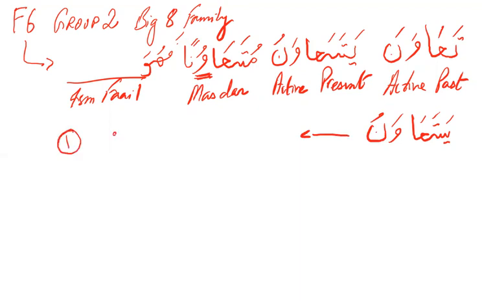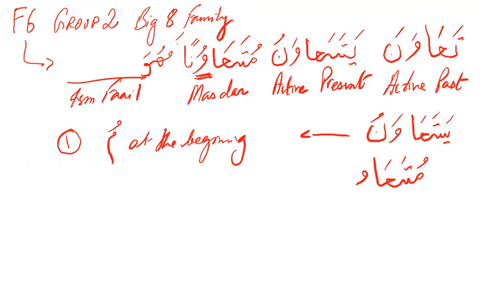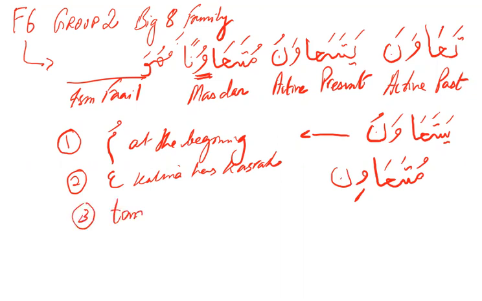A mu. Yes, mu at the beginning. Excellent. The ain kalma would have the kasra. And a dhamma and tanween at the end, because we are making an ism.